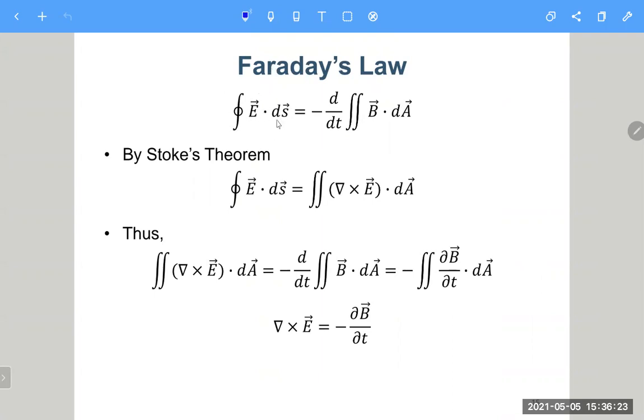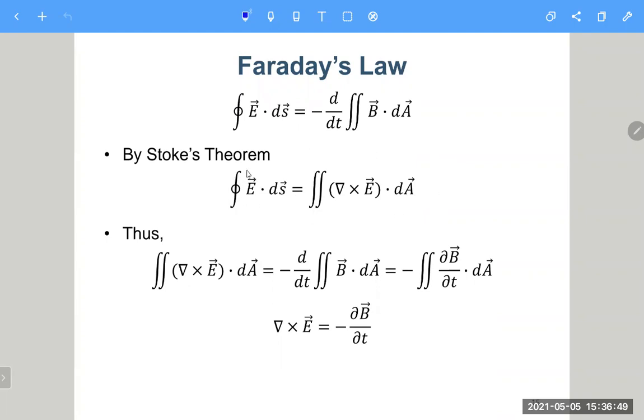And for Faraday's law, you can see Faraday's law is the line integral of the E field equals the negative derivative of the magnetic flux with respect to time. This magnetic flux can be written as the double integral of the B field. And using the Stokes theorem, we can have this line integral equal to a double integral.